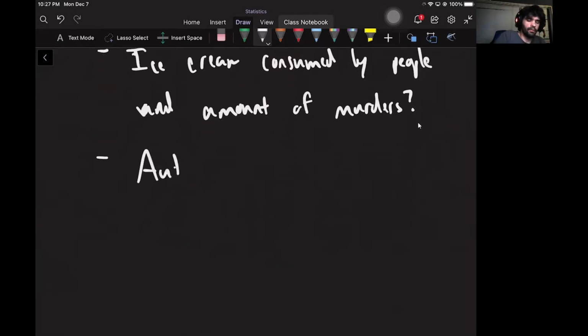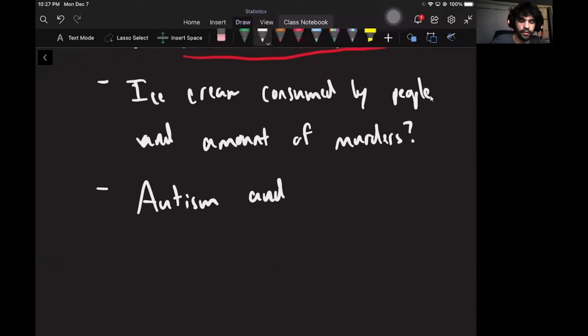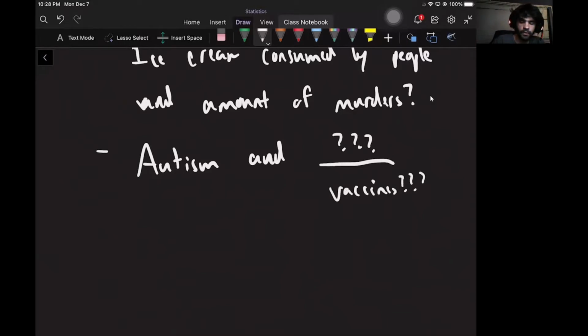Another thing that people like to do is try to use flawed conclusions from math that they don't understand to say that autism is related to all sorts of things. Put your favorite guess here, because people love to do this. Vaccines and all sorts of other stupid things that people believe.